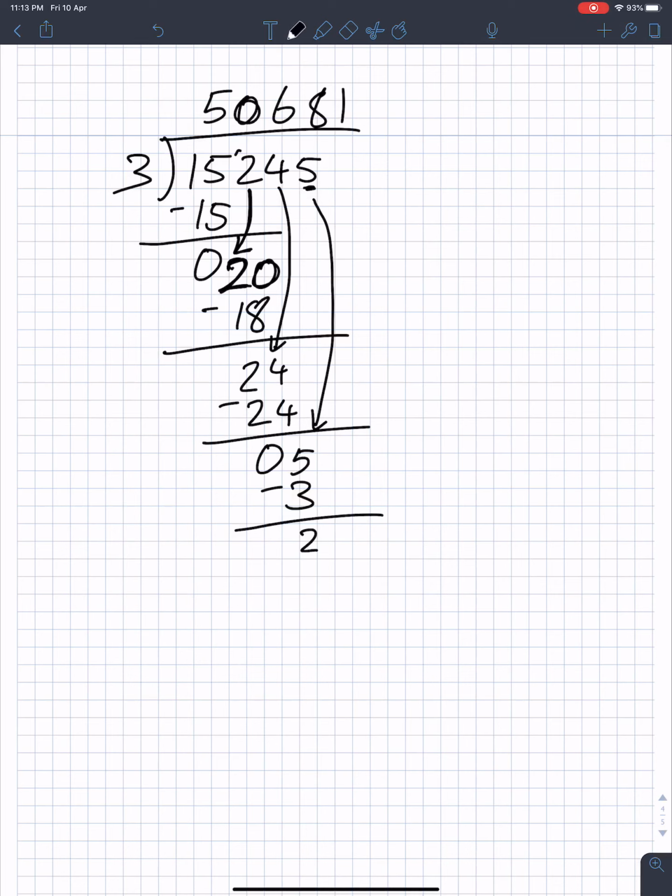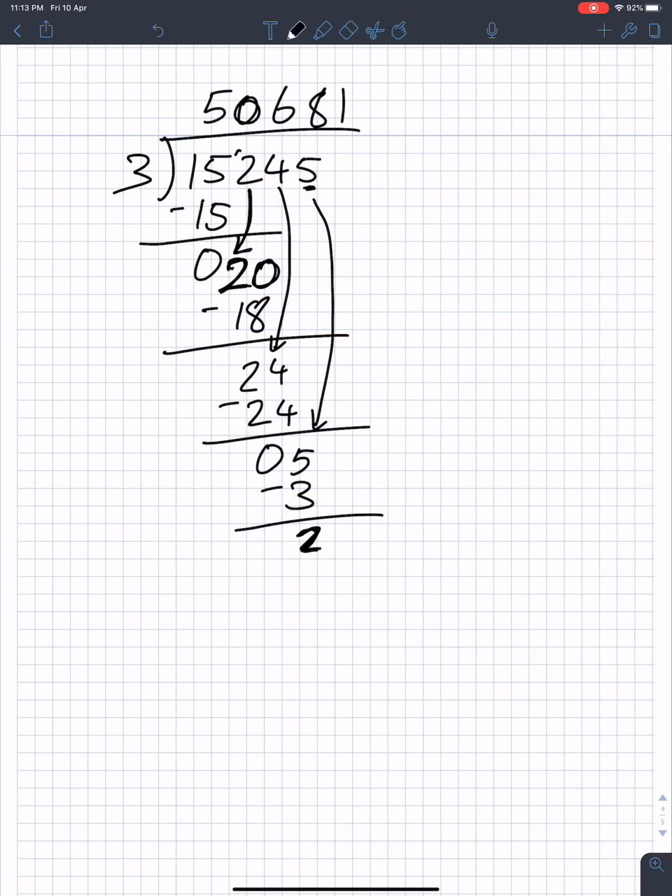And now, okay, now we can use the 0 rule because there are no more numbers left, right? We've used all of these numbers, and this 2 down here is too small to be used by its own because we're dealing with the divisor of 3.